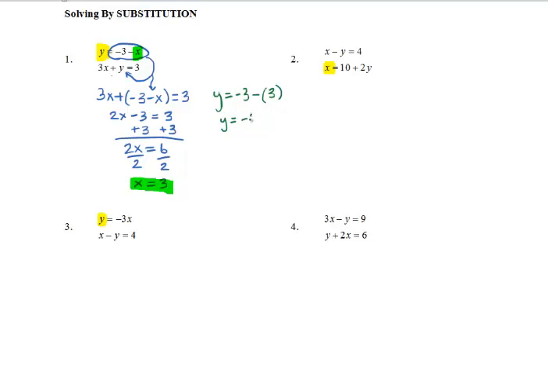So y equals negative 6. And for every solution to a system, I should have an ordered pair. So if y equals negative 6 and x equals 3, then my final answer is 3 comma negative 6, or the point 3 negative 6.